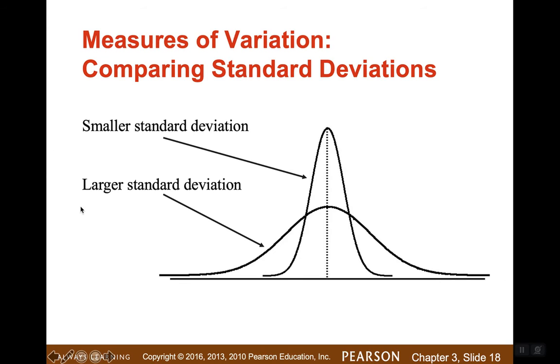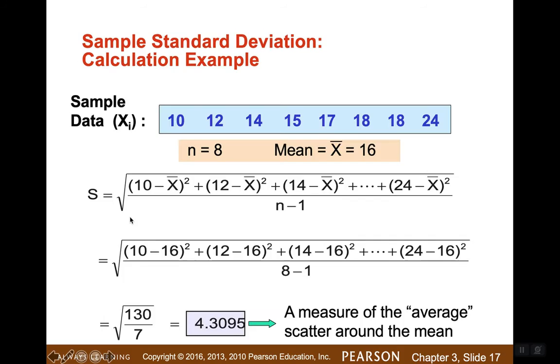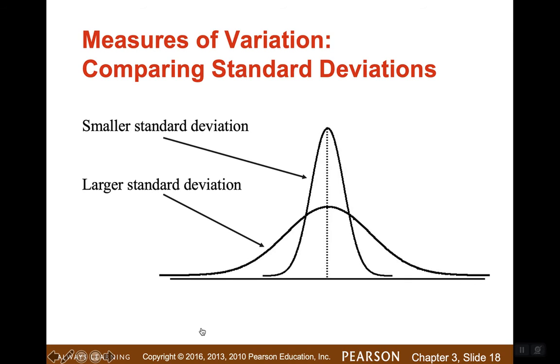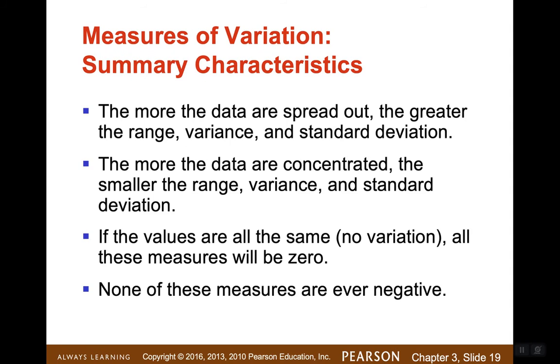We can have smaller ones or bigger ones, depending upon what we have in the data. In this case, our standard deviation is 4.31. Whatever we calculate will be a function of the data we're working with.